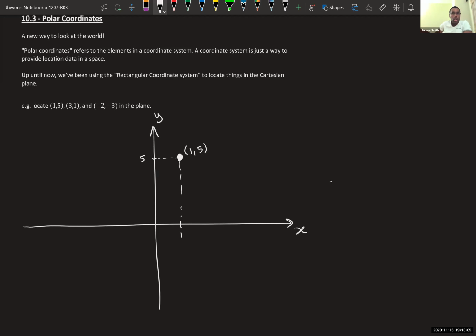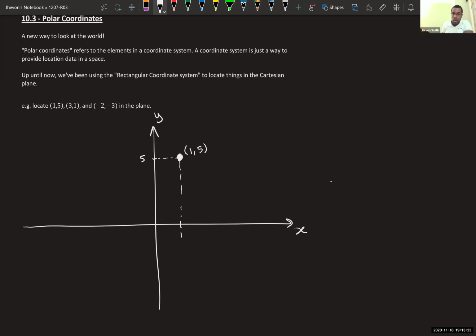Right? So I can locate the point 1, 5 according to the rectangular coordinate system or the Cartesian coordinate system by just creating a rectangle and taking the corner point, the point that's opposite the origin. Okay, nothing new and exciting here, right?